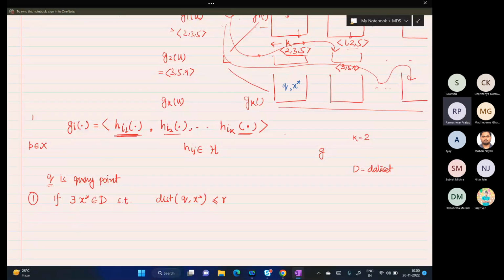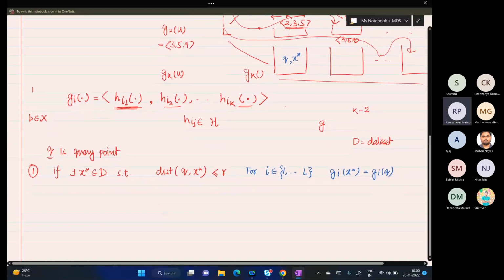So then we want that for some i belonging to 1 to L, g_i of X star is equal to g_i of Q. Basically, both X star and Q should map to the same bucket, and this should be possible for some i from 1 to L.